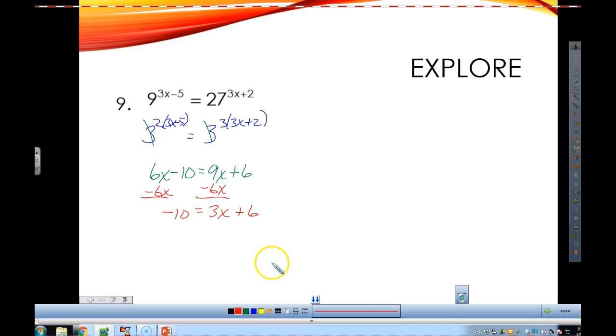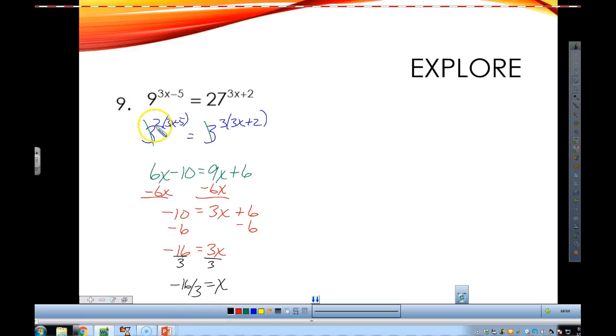Subtract 6 from both sides. Negative 16 equals 3x. Divide both sides by 3. Negative 16 over 3 equals x. So x equals negative 16 over 3.